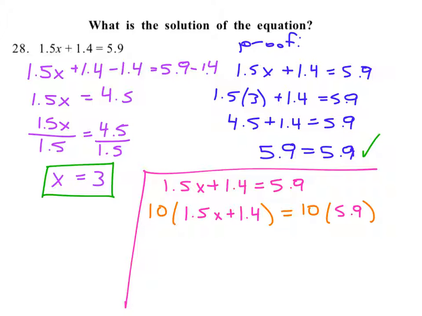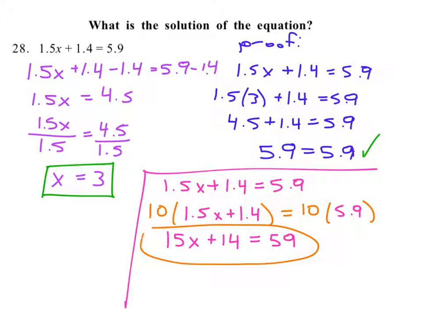And what that would do when you distribute that 10 through is it would turn into the whole number 15x plus the whole number 14 equals the whole number 59. And then you could be solving this problem if you prefer to have whole numbers. Okay, so you can go up top and say, I want to clear these decimals out and make them into whole numbers because I like whole number problems better. That's fine. You can do that. You don't really need to, though.